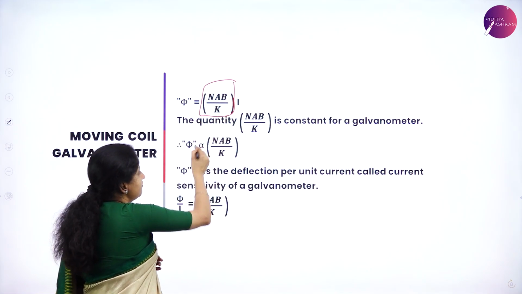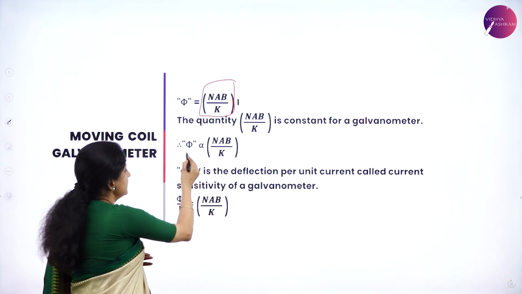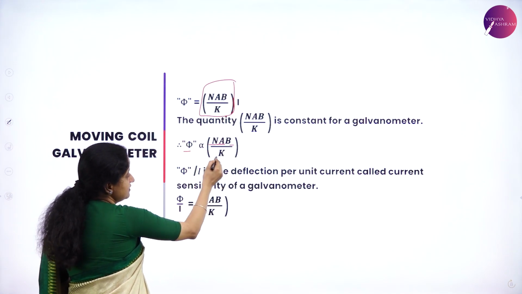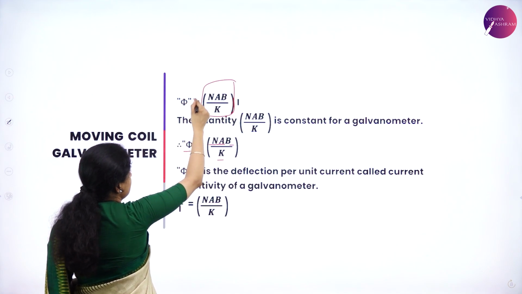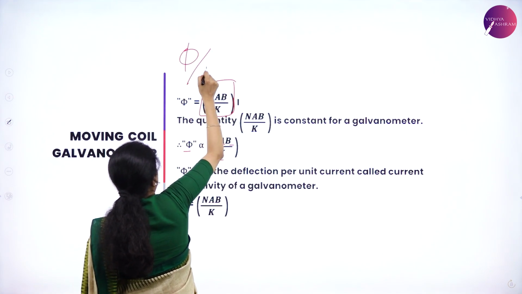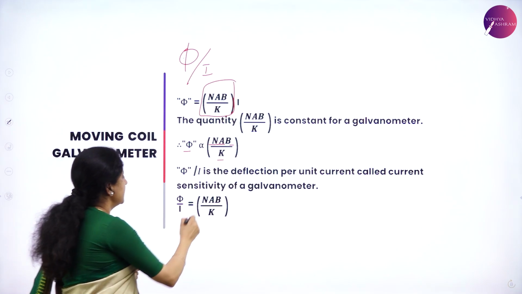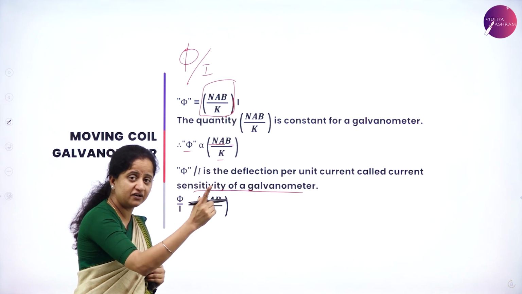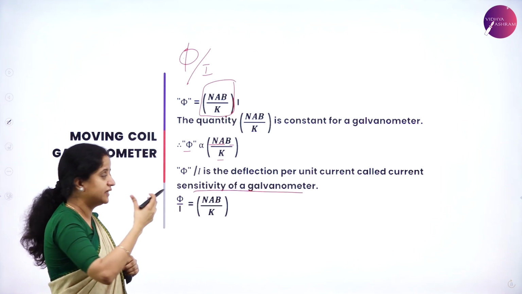So phi is proportional to NAB divided by K, which means it is directly proportional to the number of turns, area and magnetic field, and inversely proportional to the torsional constant. In this expression, phi divided by I is called the deflection per unit current, and we call it the current sensitivity of the galvanometer. The deflection we observe per unit current tells us about the current sensitivity.